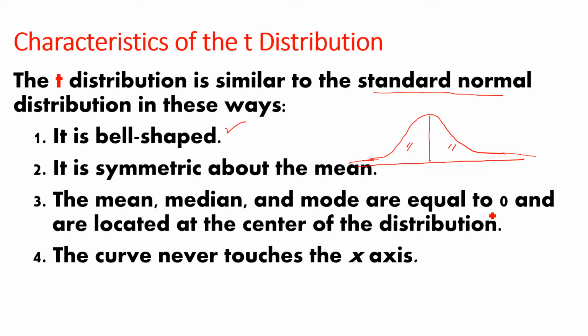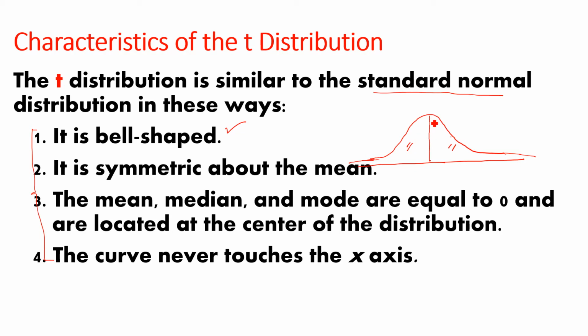Median and mode are equal to 0 and are located at the center of the distribution. The curve never touches the x-axis. So these 4 points apply to the normal distribution, and also to the T distribution. These 4 points are similar between the T distribution and the normal distribution.